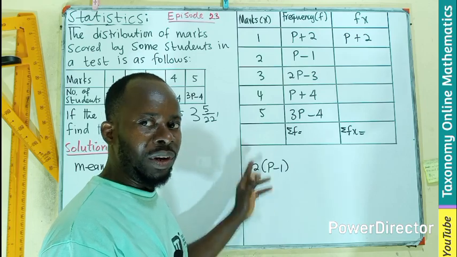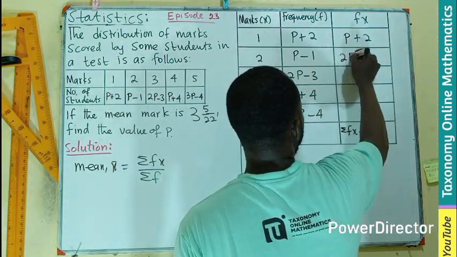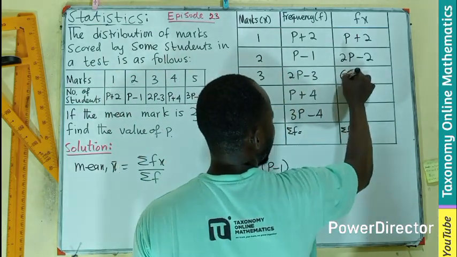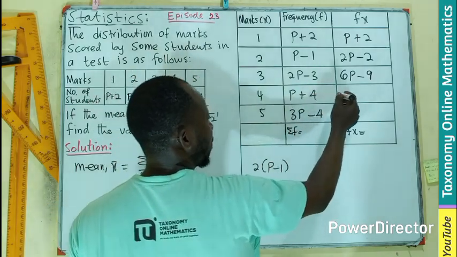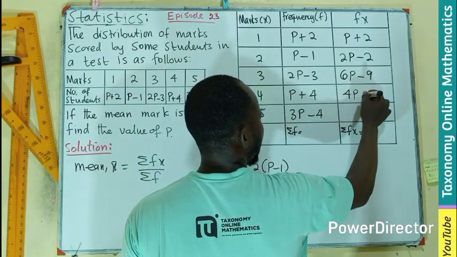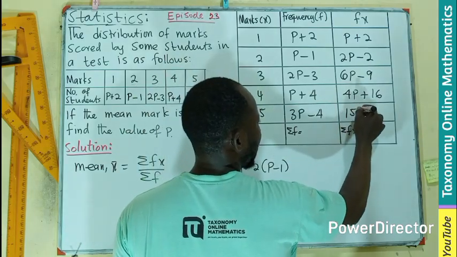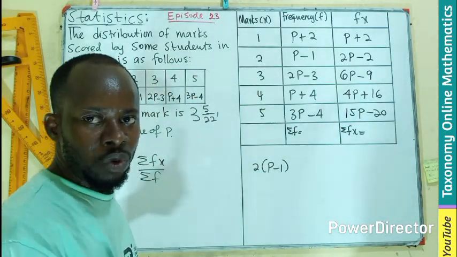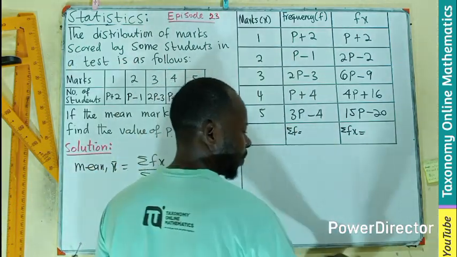You can see that 2 will multiply p and multiply the 1, making it 2p minus 2. Same here, 3 times 2p minus 3 gives 6p minus 9. 4 times this, 4p plus 16. That will be 15p minus 20. So we are multiplying that as a binomial term, not a single term.